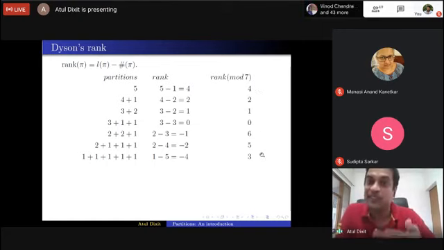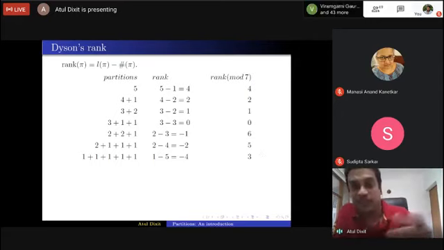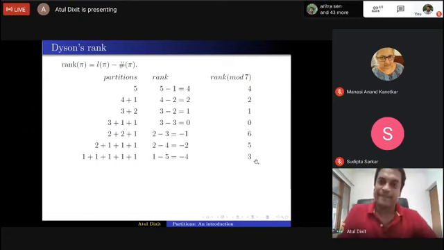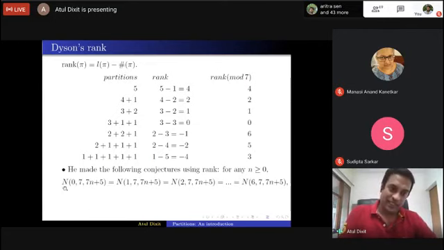That actually shows that the partition of 5, that is when n is equal to 0, p(5) is divisible by 7. In fact, it is equal to 7. In general, he conjectured that, let me explain this notation first.